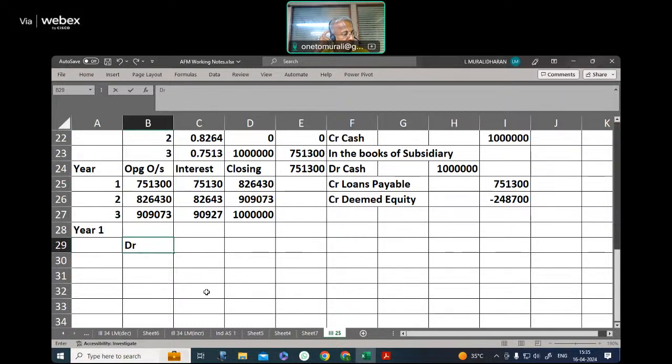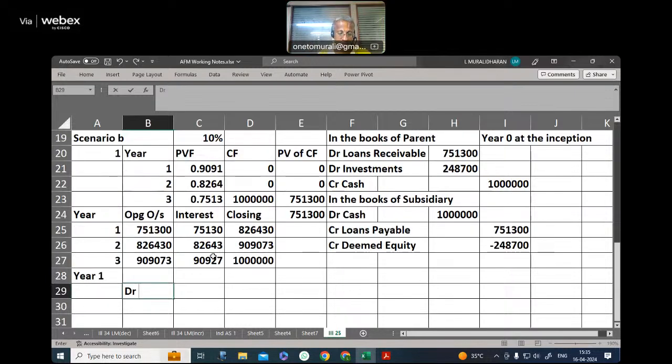Debit loans receivable, credit interest income.